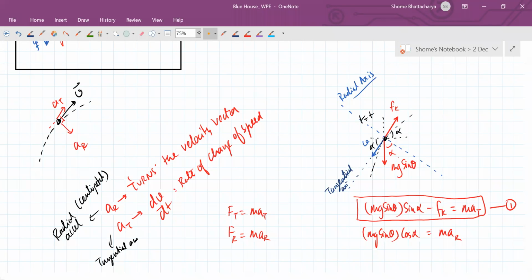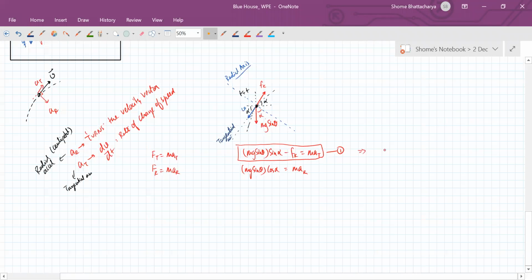Okay. So let's analyze what this equation is telling us. So this equation is telling us that mg sine theta into sine alpha minus, now remember, kinetic friction is equal to mg sine theta actually. Okay. So mg sine theta into (sine alpha minus 1) is equal to m into dv by dt, because tangential acceleration is rate of change of speed.